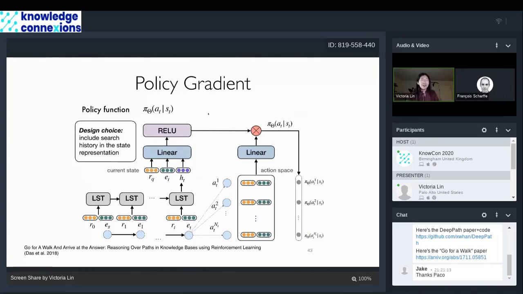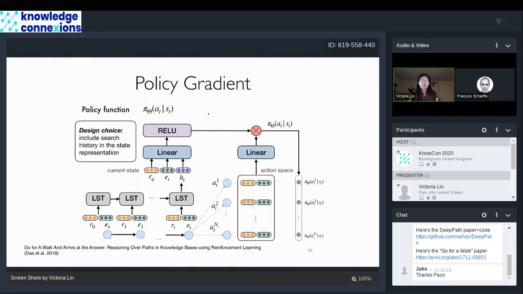It takes into account the current search history, which entity I'm currently at, as well as the potential actions I can take. So the history is represented as the sequence of representations of the relation embedding and intermediate entity embedding in the history. And we also use an LSTM to encode this representation history.